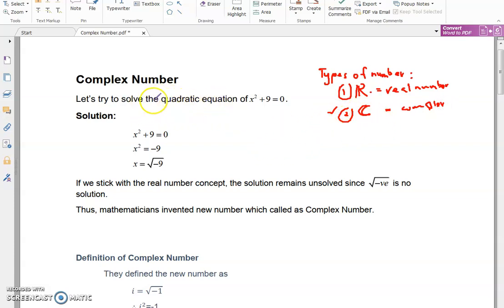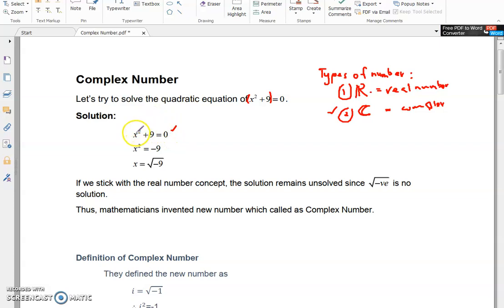The idea of the complex number comes from solving quadratic equations. Let's say we try to solve x squared plus 9 equals 0.